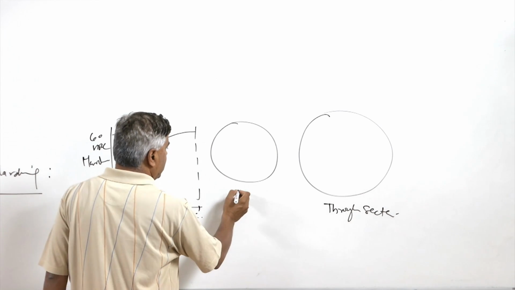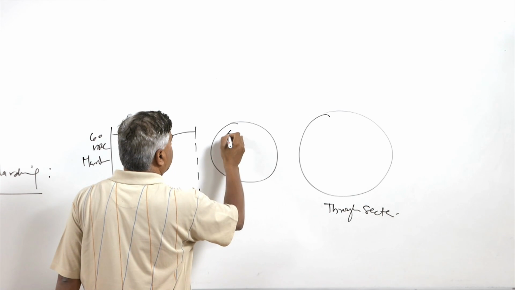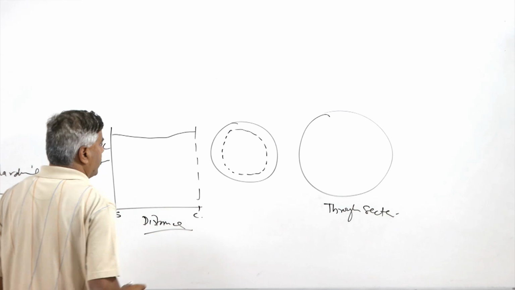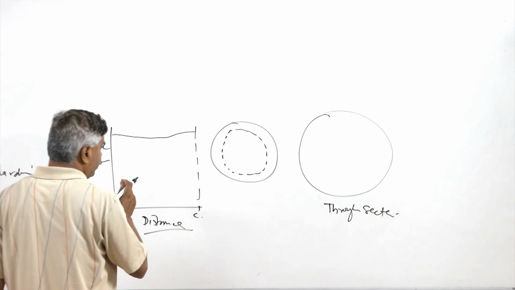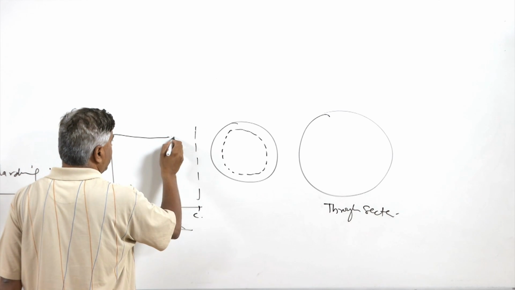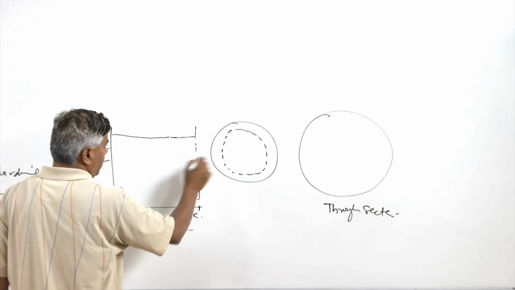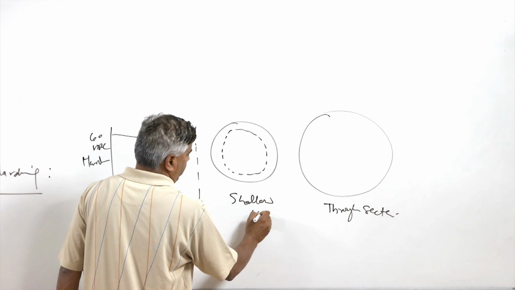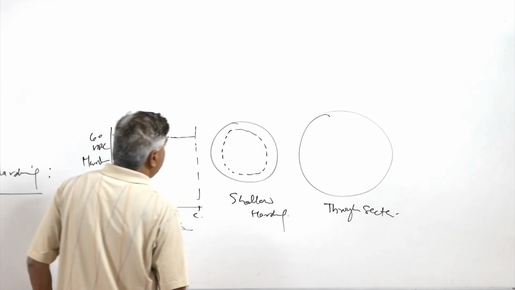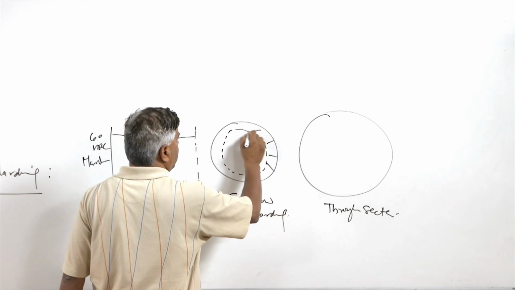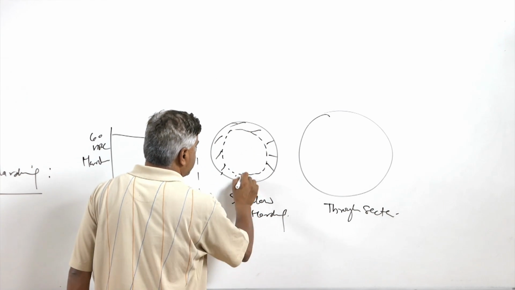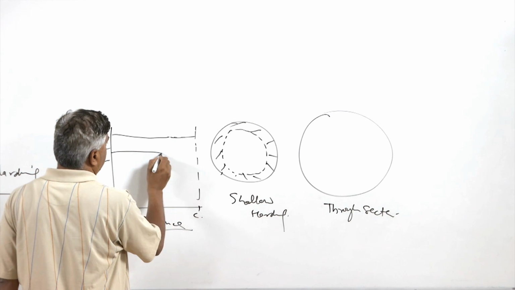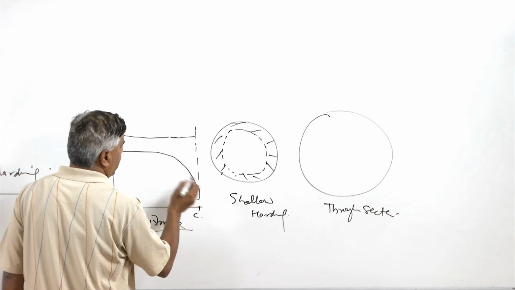But for shallow hardening, only the surface layers get hardened while the center remains soft. So in this case, for the shallow hardening, only the surface layers get hardened, and when it happens, you will find that the surface will be harder but the core will be softer like this.